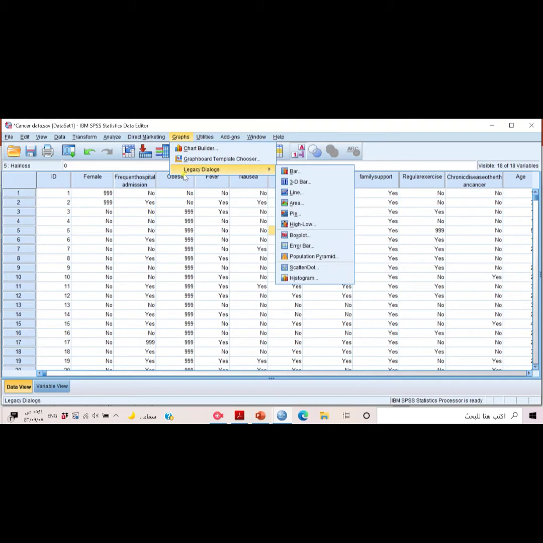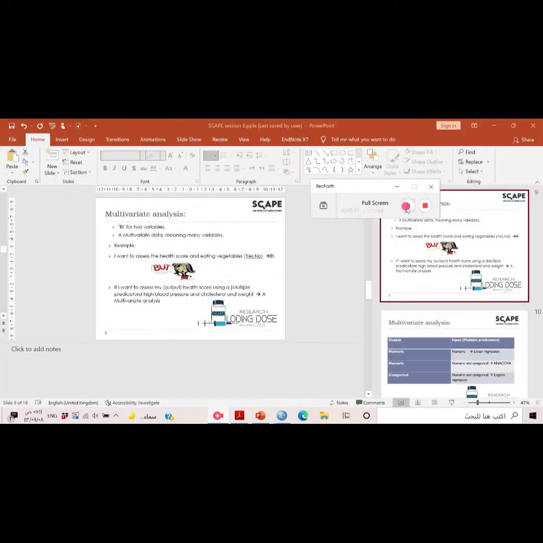Another way to do that is just by going to graphs, then chart builder or legacy dialogs. I can choose any one of them, the bar and pie for categorical, and the dot plot, stem plot, histogram for numerical, and then I will define my variable and I can do the modification on it.